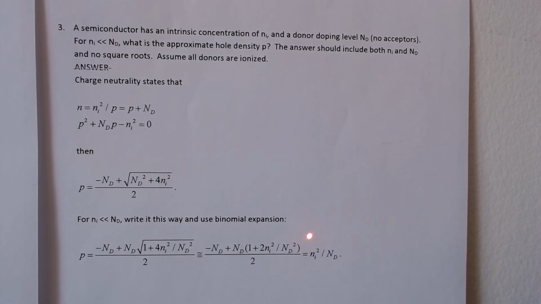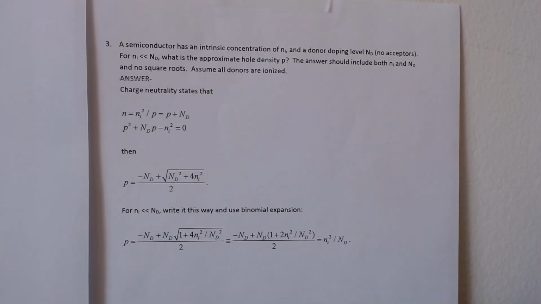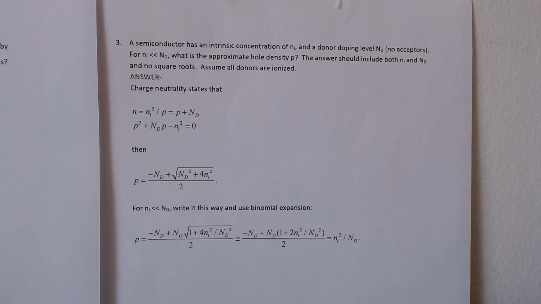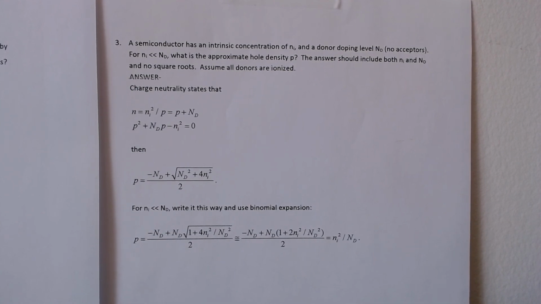Now, at the end of the day, if Nd is much greater than Ni, then n is approximately equal to Nd. So you could write p is equal to Ni squared over Nd that way. But I was very clear at the beginning, I wanted you to show all derivations. And so for full credit, this was the solution I was looking for.